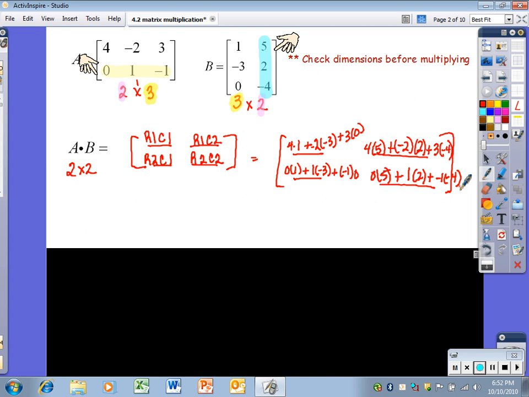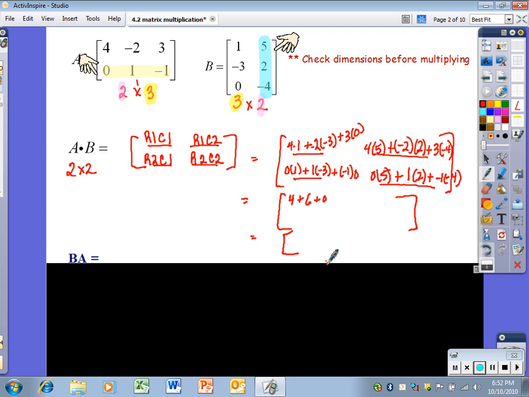which gives me, let's actually do this multiplying and fill in our elements. 4 plus 6 plus 0 is 10. Then I have 20 minus 4 minus 12, which is 16 minus 12, 4.